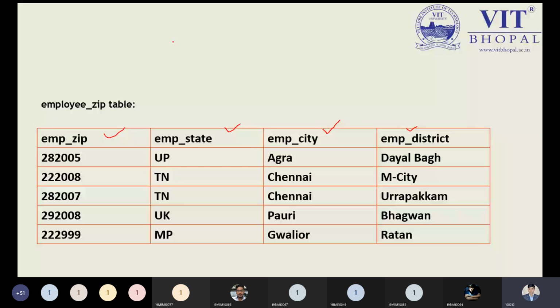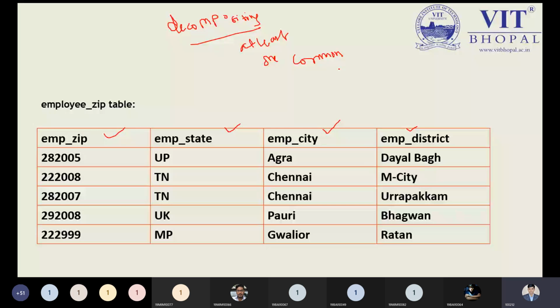While decomposing, you need to take care of this point: at least one common attribute is required. Why one common attribute? If you want to get the original table from the decomposed relations, we will get the actual information, so we will not lose any information.